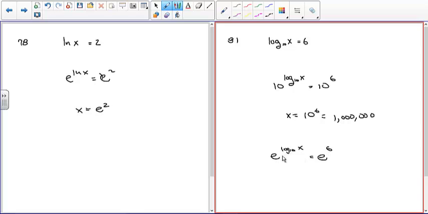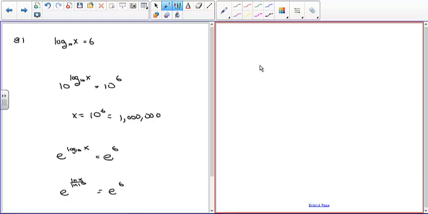Now the problem is that these are both not e to something. So what you could do is you could rewrite this as the natural log of x divided by the natural log of 10. This side stays the same. And let's see.